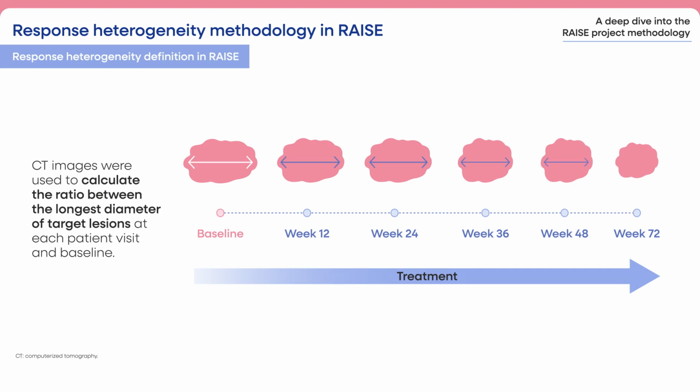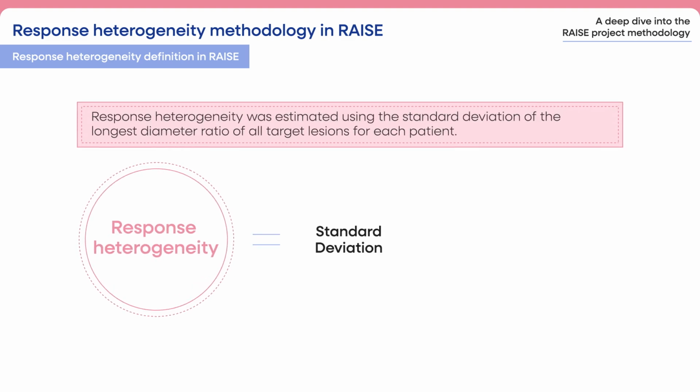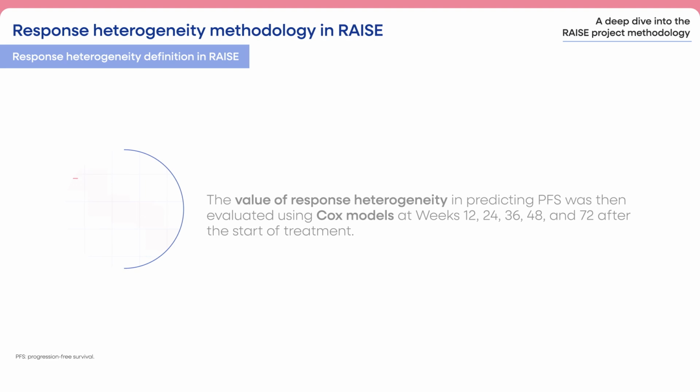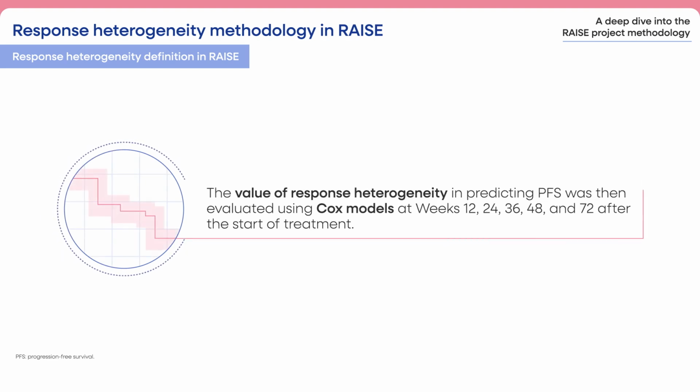The ratio between the longest diameter of target lesions at each visit and baseline was then calculated. Response heterogeneity was estimated using the standard deviation of the longest diameter ratio of all target lesions for each patient. Next, the value of response heterogeneity in predicting progression-free survival was evaluated using Cox models.